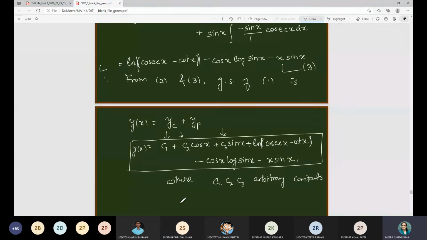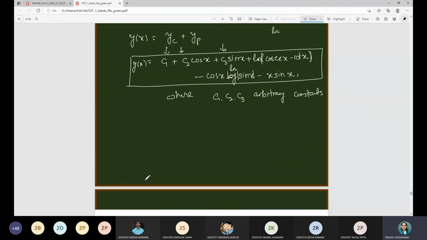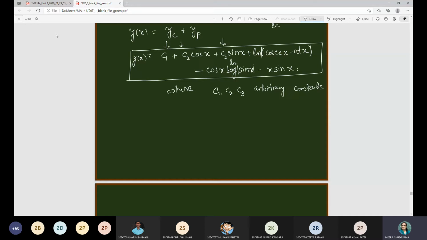In that case, the logarithm of sin x will also be with the modulus, and in that case we will use this one only. Because generally, the log symbol will be used whenever you consider base 10, and when it is considered to the base e, ln will be used, right? Okay. Let me give you that example.